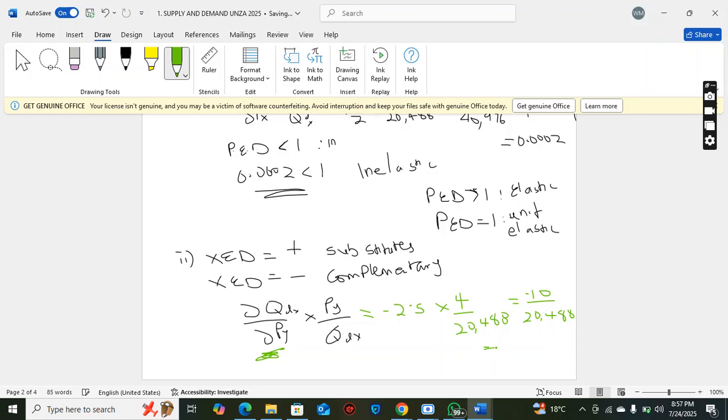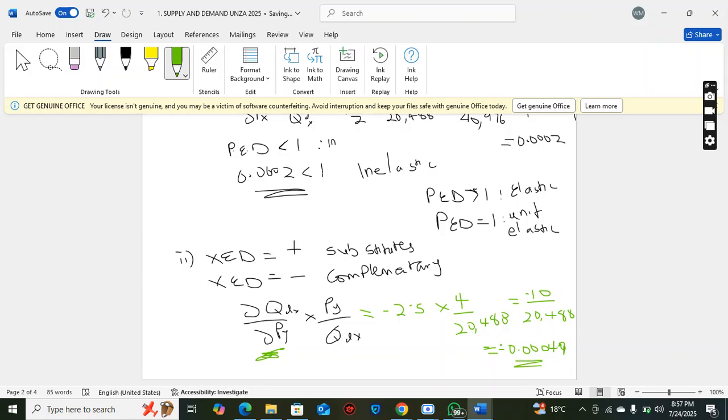Okay, so negative 10 divided by 20,488, we get negative 0.00048 or 49.